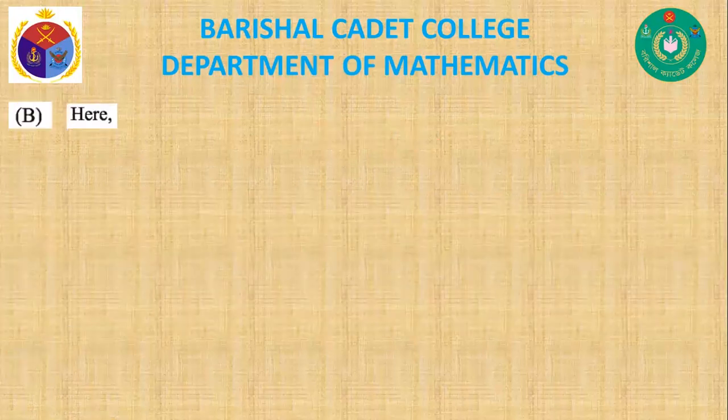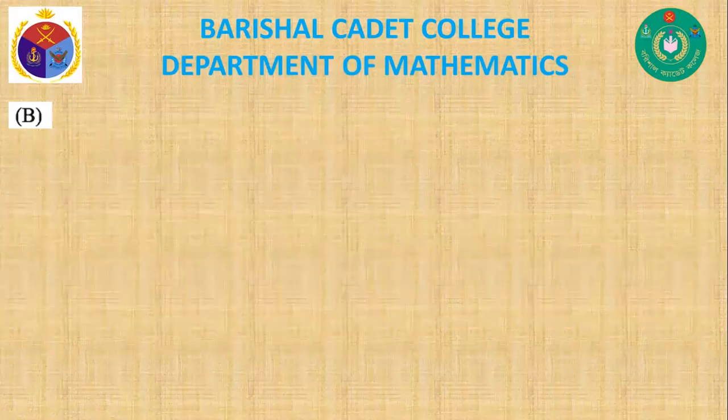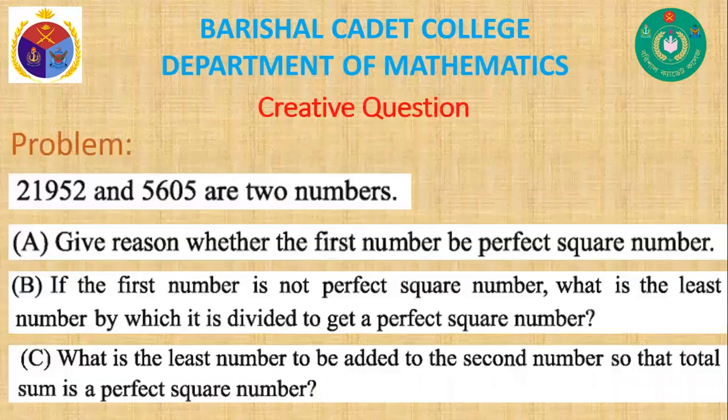Then number B. Here, the number is 21952. Boys, read the problem again. Number B is, if the first number is not a perfect square number, what is the least number by which it is divided to get a perfect square number?